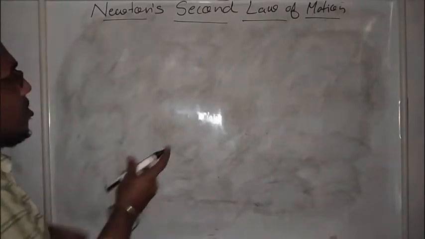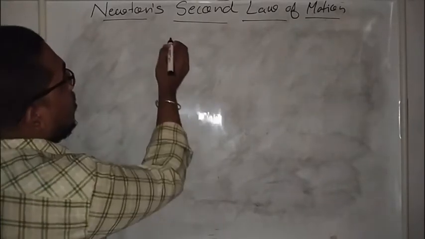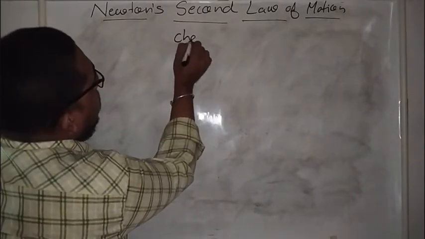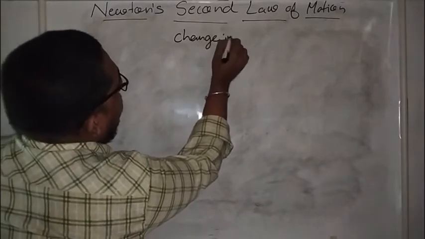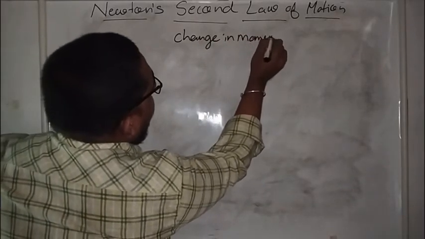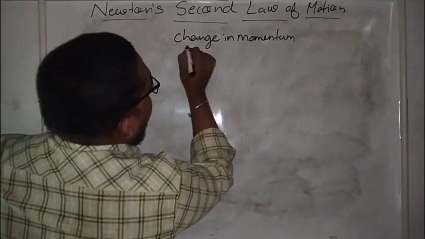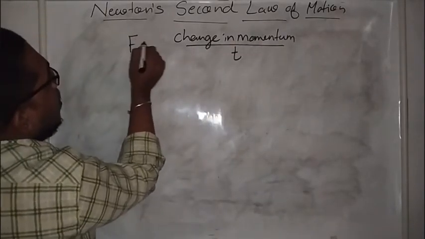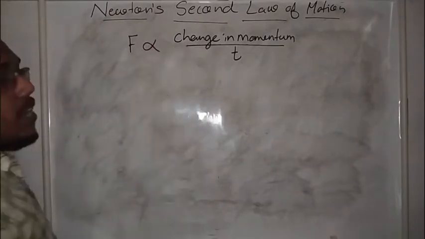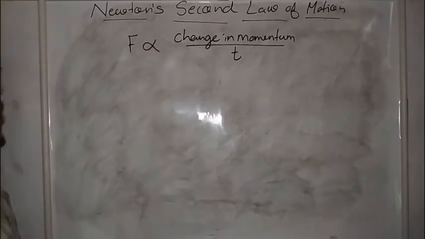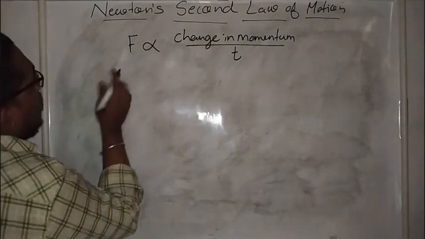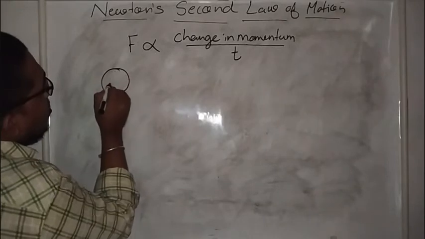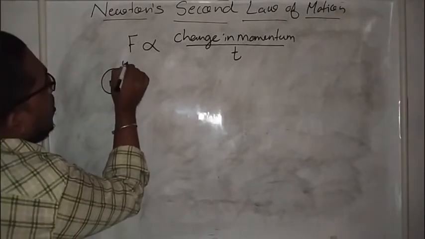Right? So, the same definition we can write like this. The change in momentum with respect to time, meaning the rate of change of momentum, is directly proportional to the applied force. Let us consider a body of mass m moving with a velocity u.